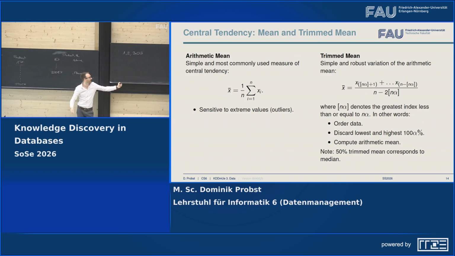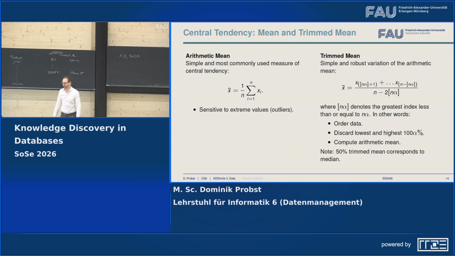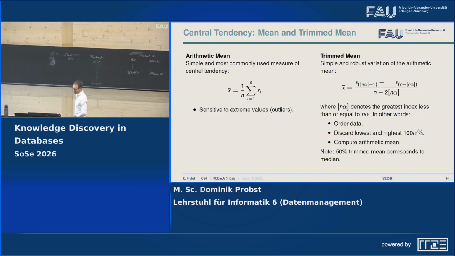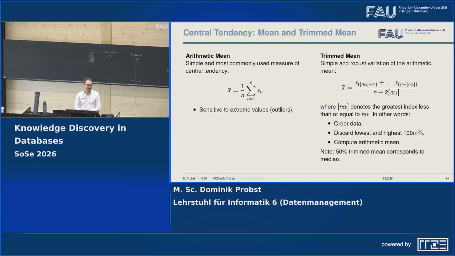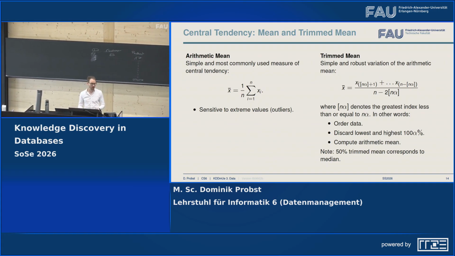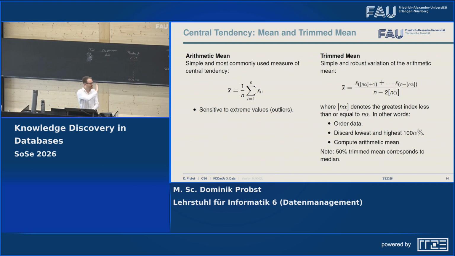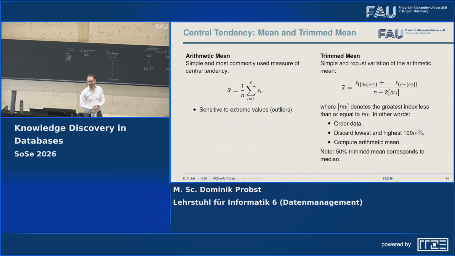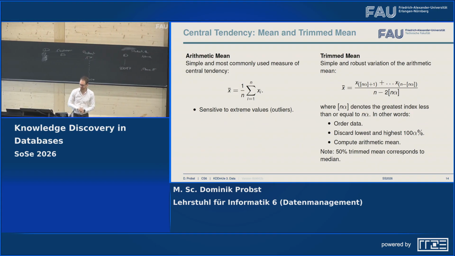So we end up at 102? Yeah, exactly, 102. So we are very sensitive to outliers. Of course, with 3 values, we can't really talk about outliers.